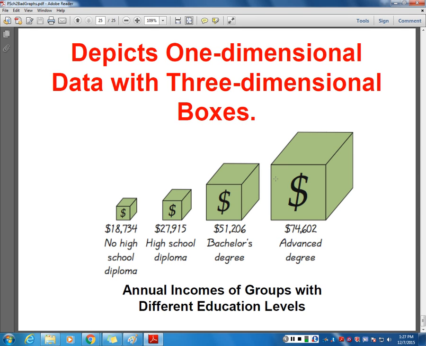The bigger dollar amount is almost 4 times as much as the smaller dollar amount. But if I look at the boxes, because they are three-dimensional, the largest box is 16 times larger than the smallest box. This exaggerates the difference in the dollar amounts because they're not in proportion to the money amounts.